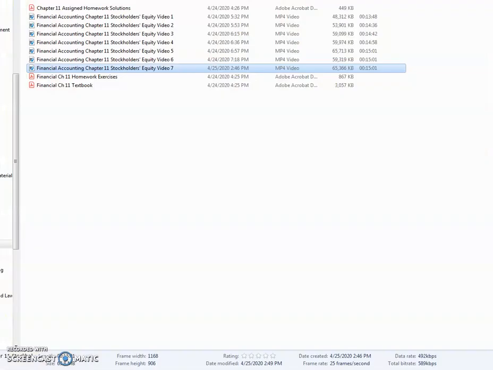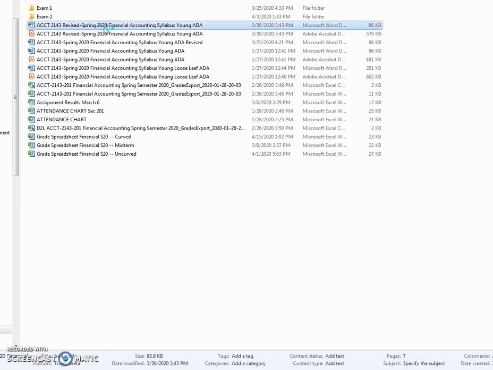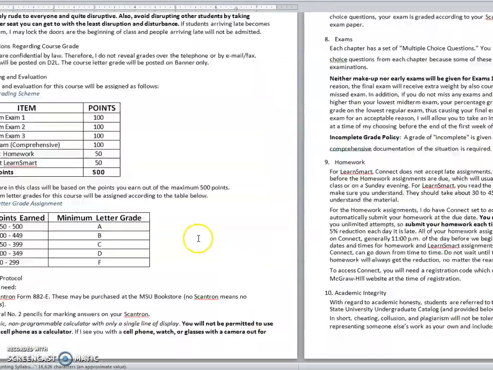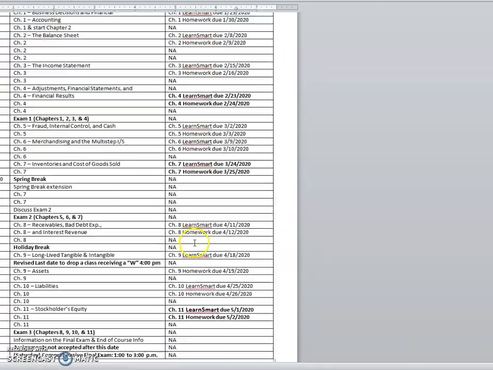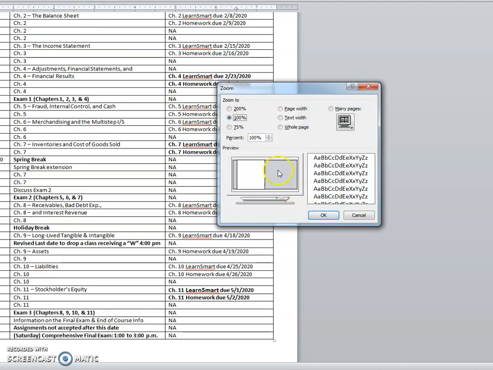And in fact, let me come over here and just pull up the syllabus. Let's see, right there is the revised syllabus. It's opening, and come down here and view and zoom, and we'll go to 120%.